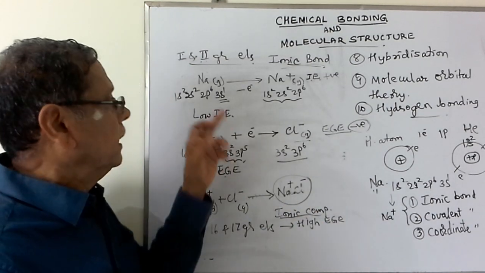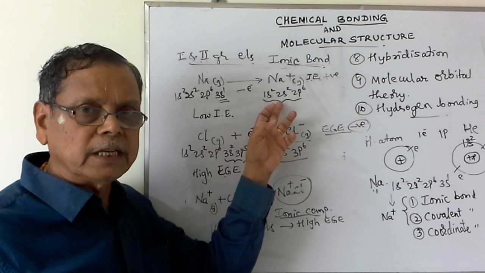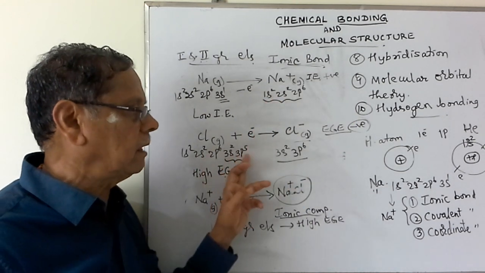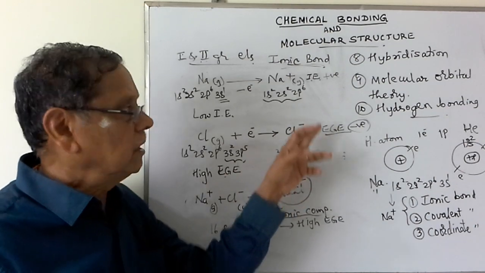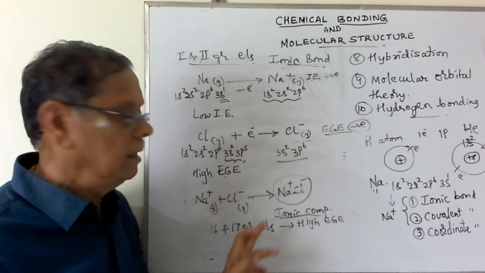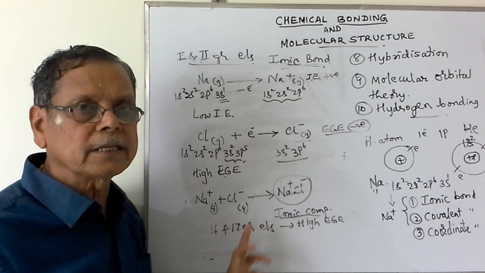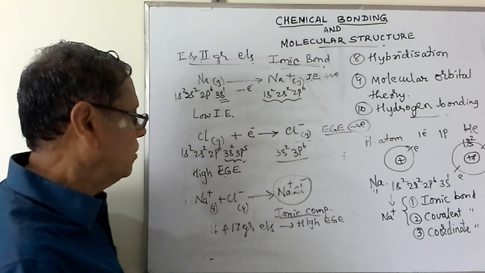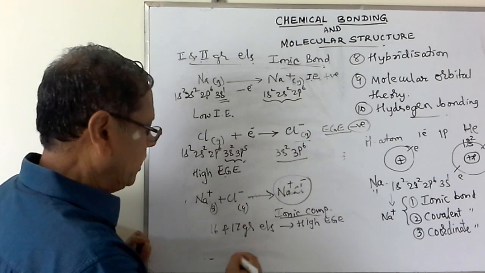Simple. An element which loses an electron will become a positive ion. An element which gains an electron will become a negative ion. The force of attraction between the positive ion and negative ion giving rise to a molecule is called the ionic bond. It is also named the electrovalent bond.